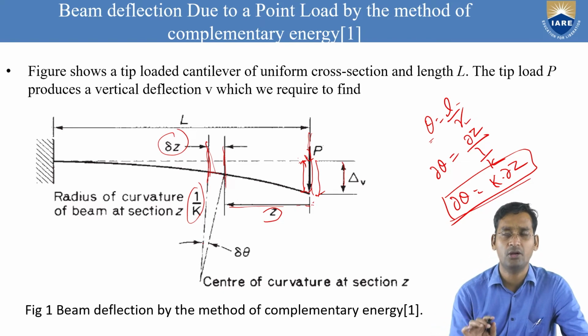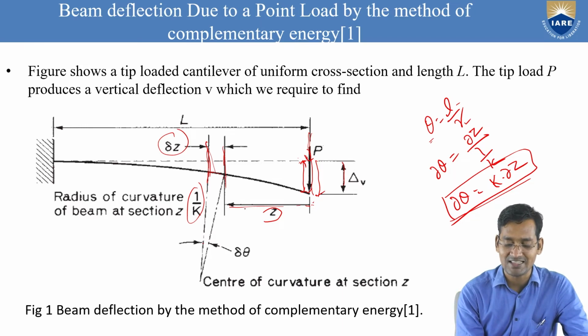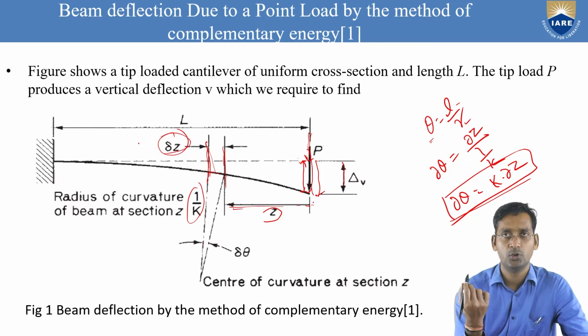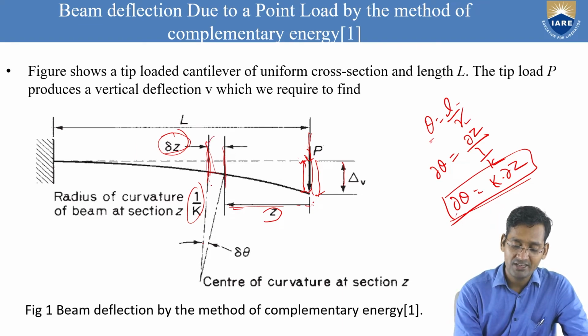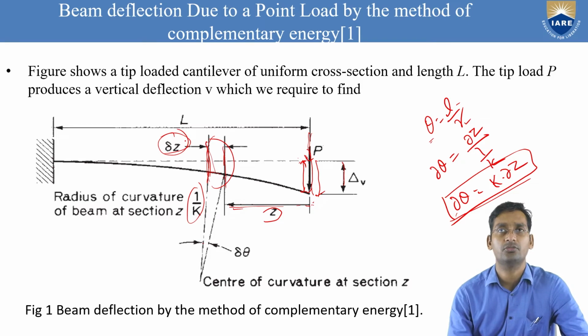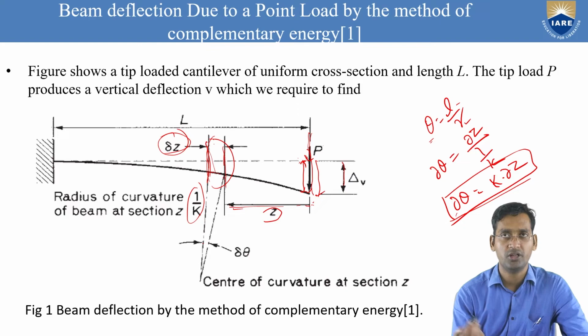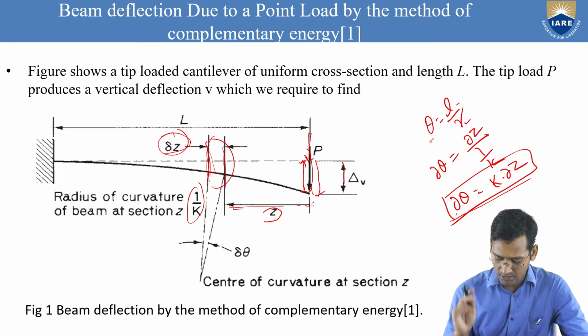It's not necessary that you use it; you can take this distance as x and this as dou x also. Now we will find the moment for this small element and then integrate over the entire length.